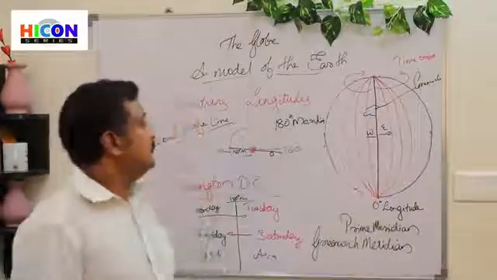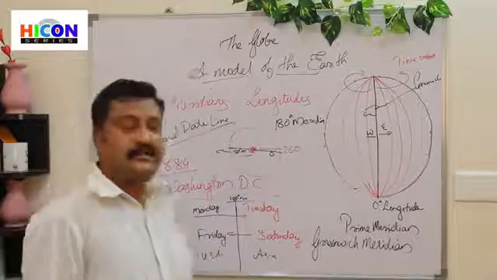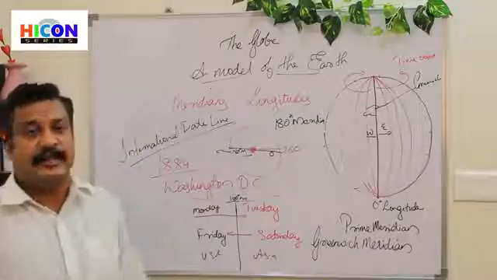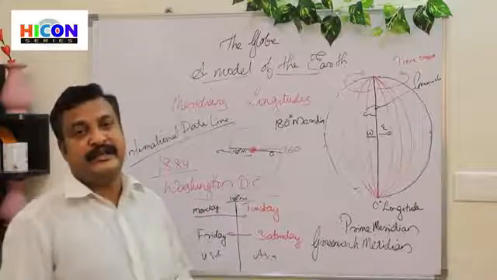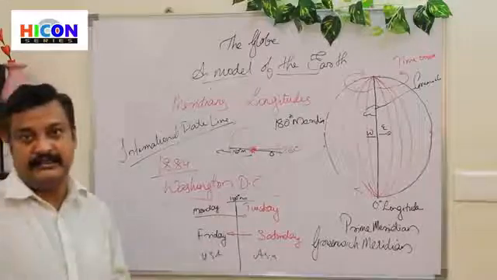Then in 1884 there was an international conference in Washington DC, the capital of the United States of America. It was about deciding an international date line.